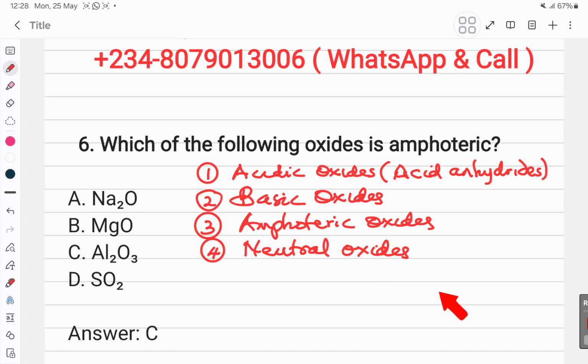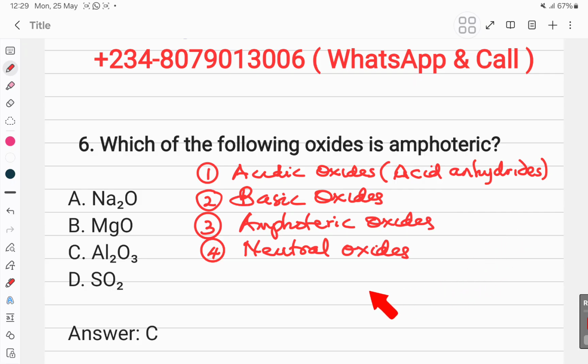Acidic oxides are oxides of non-metals that can dissolve in water and form the corresponding acid. An acidic oxide is an oxide of a non-metal which dissolves in water and forms the corresponding acid.